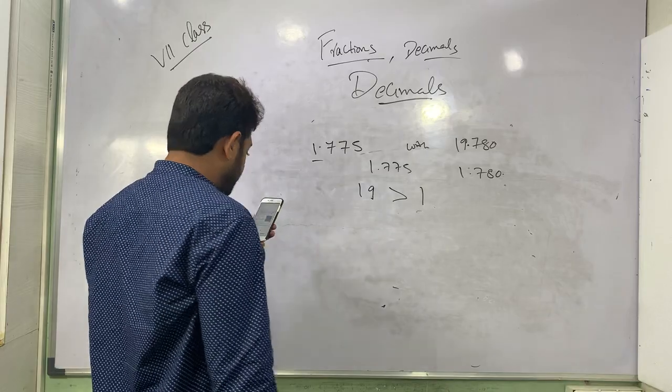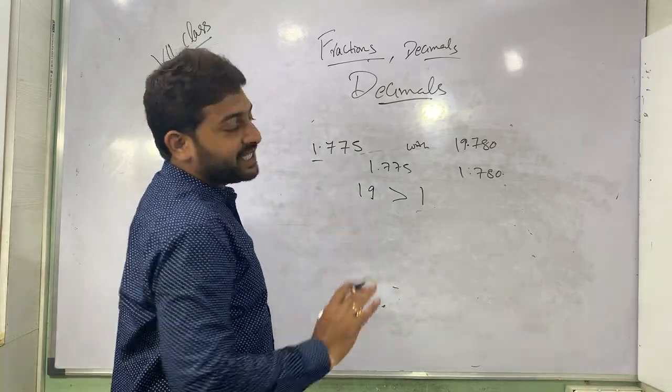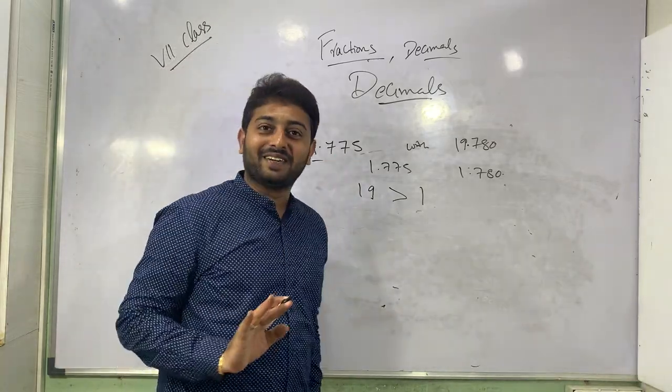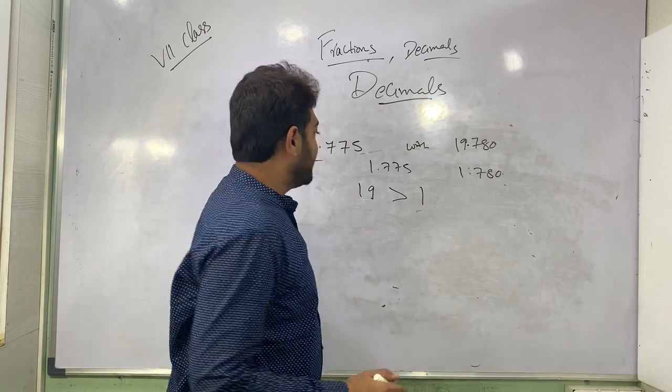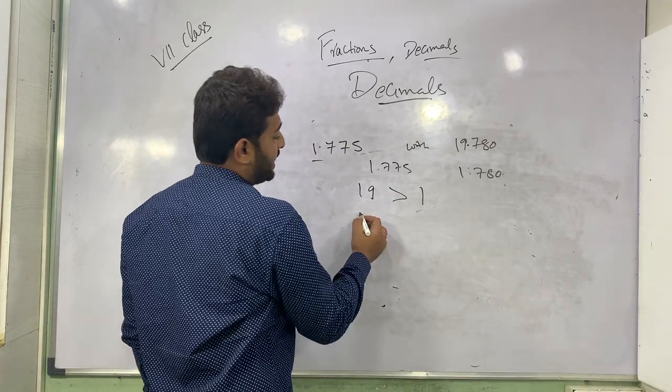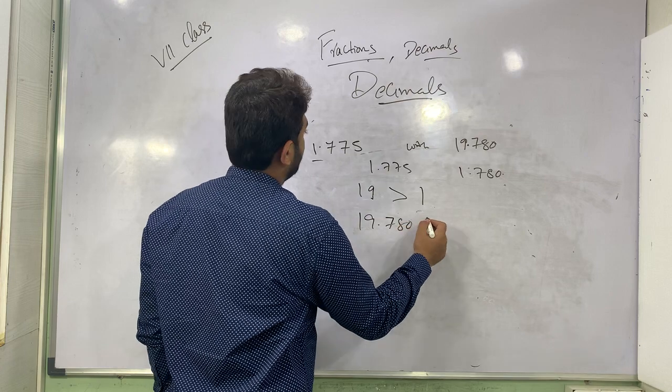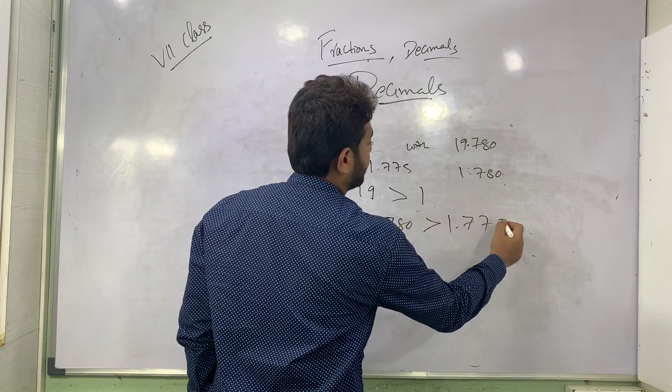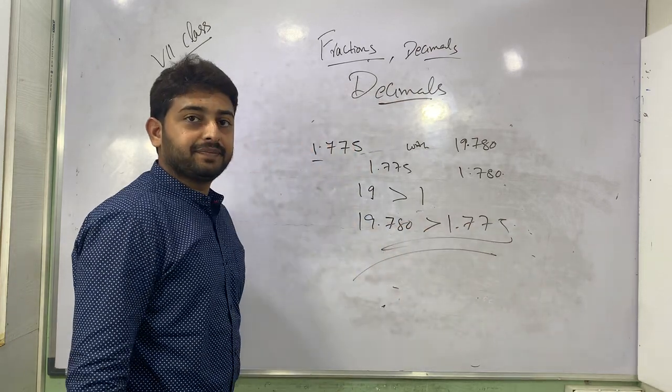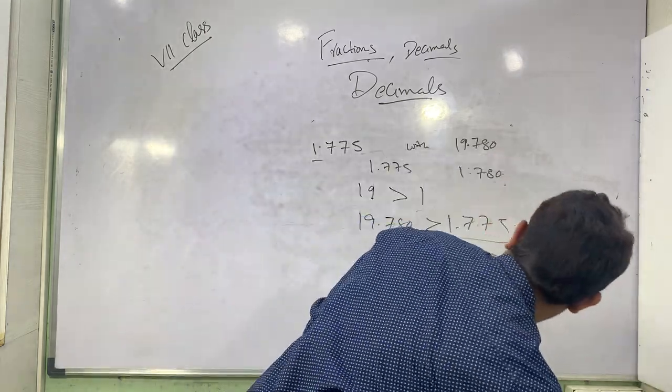But they gave us 1.775 and 19.780. There is no change in it. Now 19 is greater than 1, so you can directly say that 19.780 is greater than 1.775. Simple. Clear?